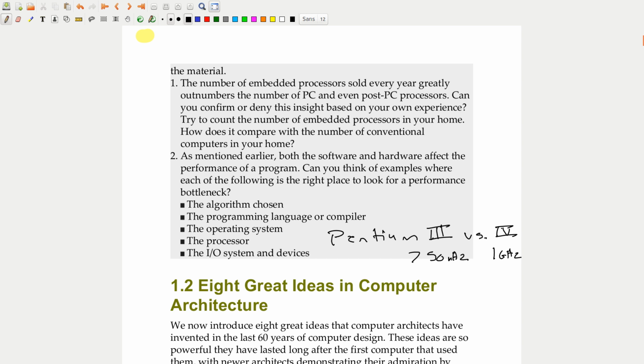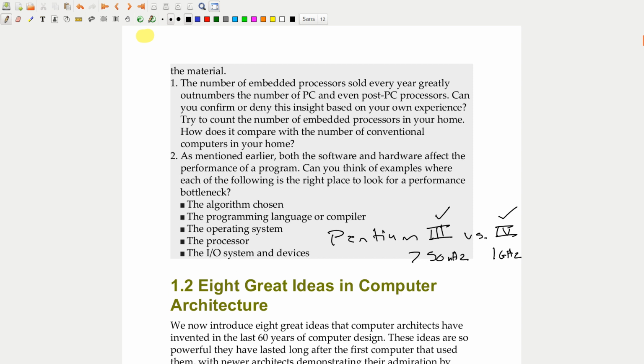So you would think Pentium 4 wins. Yay. Wrong. Pentium 4 was slower than Pentium 3 because Pentium 4 used something ridiculous like a 24-stage pipeline, while the Pentium 3 only had like a 10-stage or 12-stage pipeline. And pipelines have diminishing returns, so they added so much overhead that even though it had a 1 gigahertz clock, the 750 megahertz processor was better.